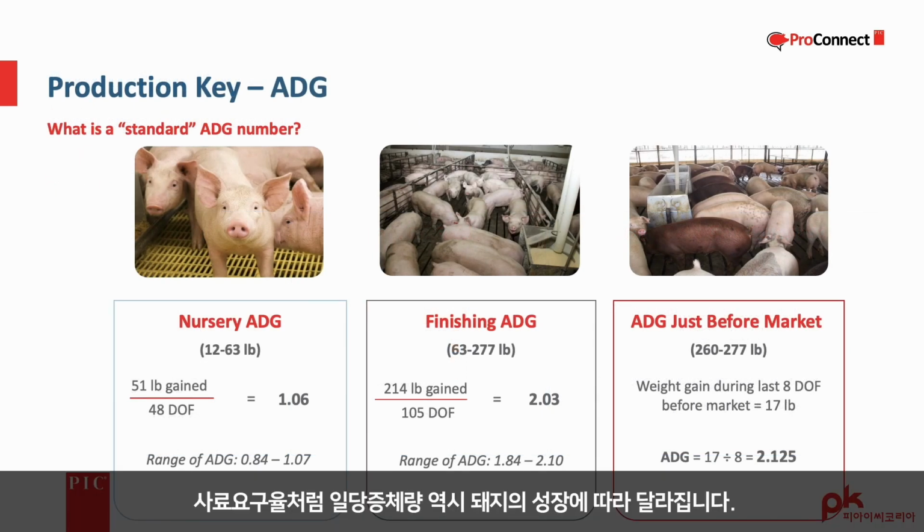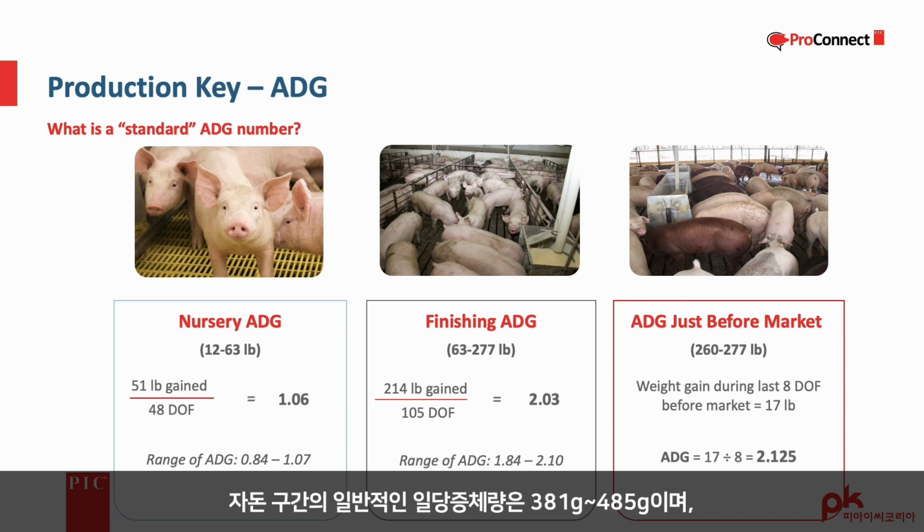Similar to feed conversion, average daily gain changes throughout the pig's growth cycle. In the nursery, a general range is between 0.84 and 1.07 pounds of gain per day. In finishing, the general range is between 1.84 and 2.1 pounds of gain per day, or nearly a pound per day more than in the nursery.